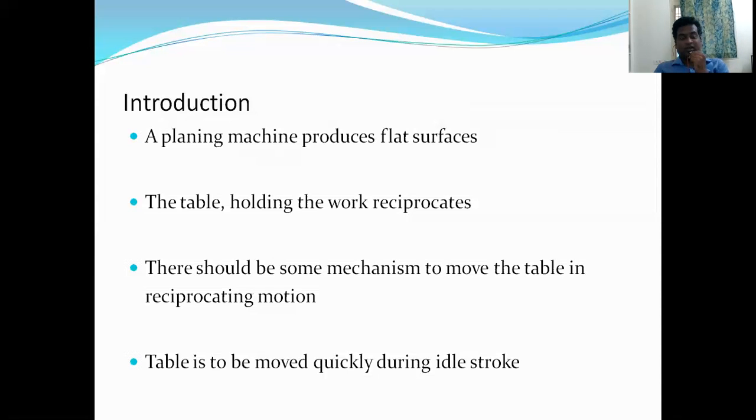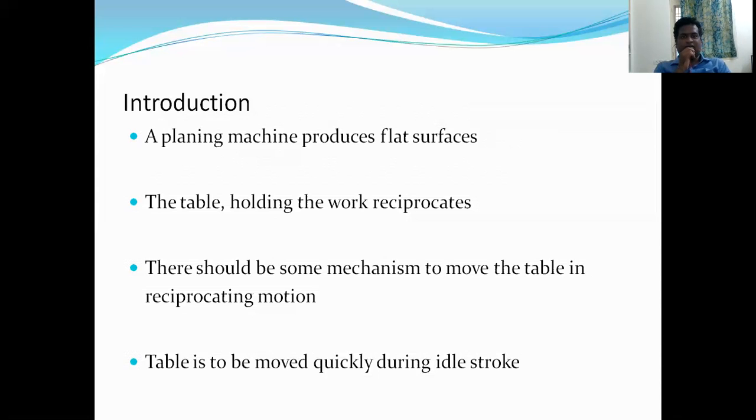There should be some mechanism to move the table in reciprocating motion, and the table is to be moved quickly during the idle stroke.